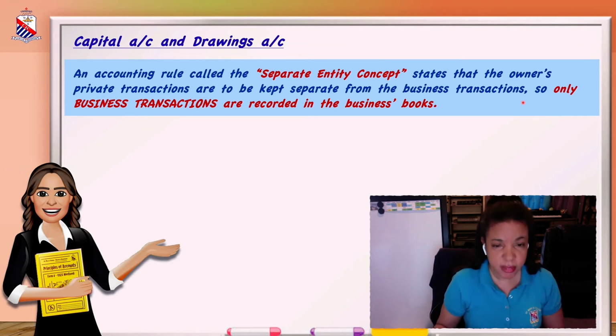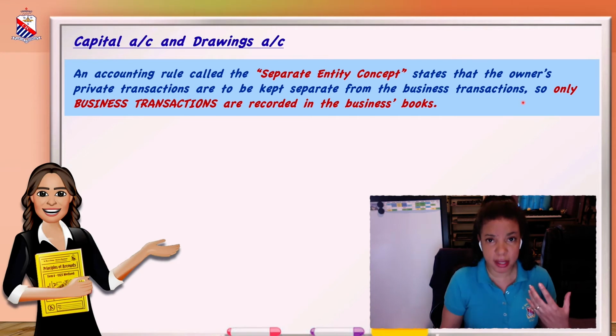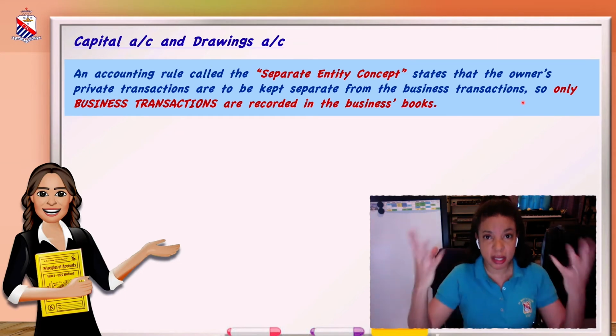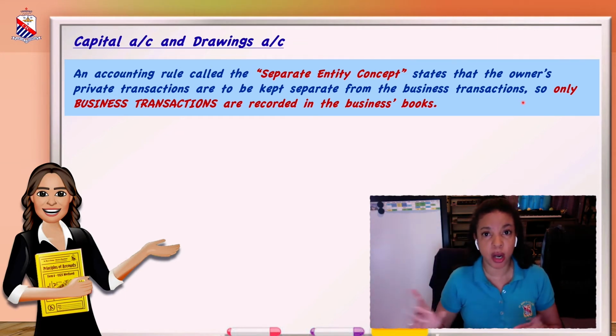So whenever the owner invests in the business, that is a business transaction. We look at the owner as totally separate from the business for accounting reasons and accounting reasons only. Because in POB, you would have learned that they are both the same, that the owner and the business are one and the same. If you're suing one, you're suing the other.